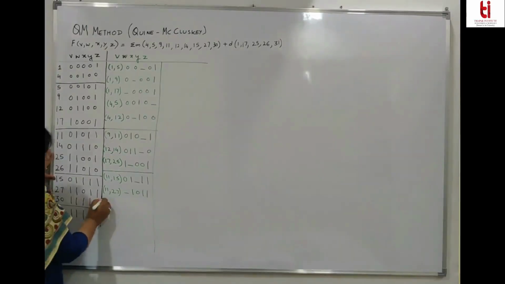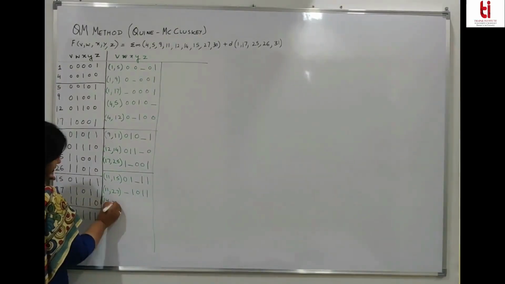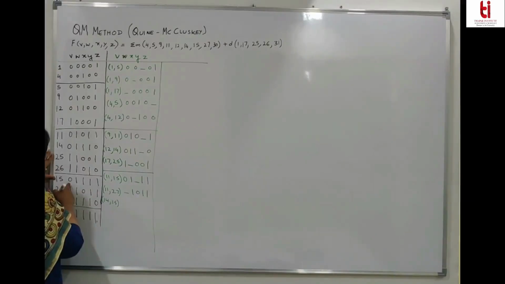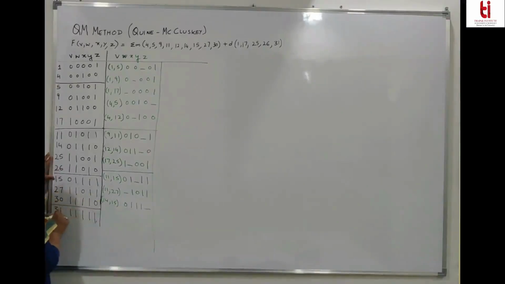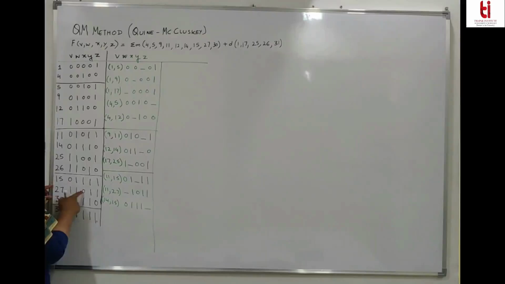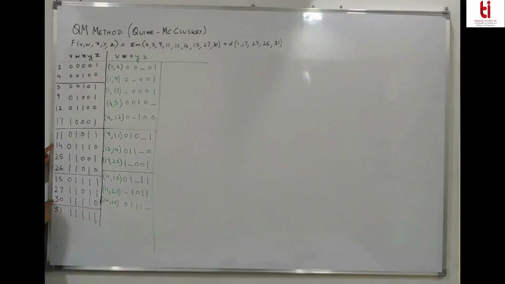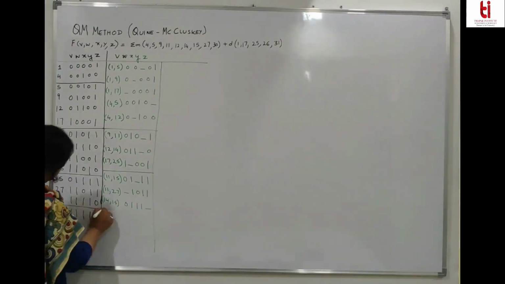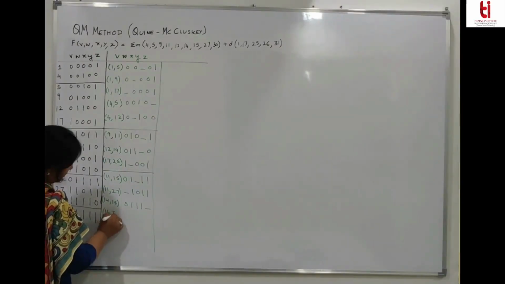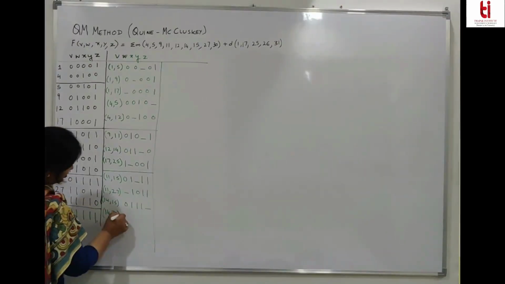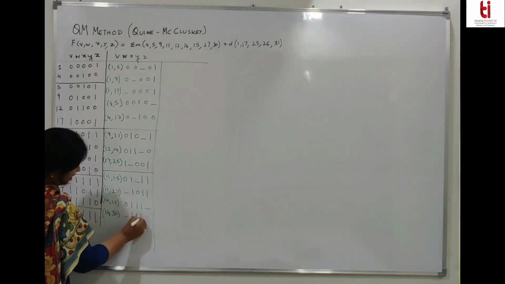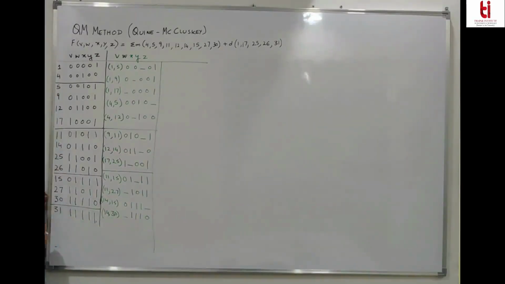Then 14 and 15. 14 and 15, you can see that only the LSB is changing. 14 and 27, this bit is changing, this is same, this is changing. So no. 14 and 30. So we'll have dash 1, 1, 1. These are the pairs that can be made.